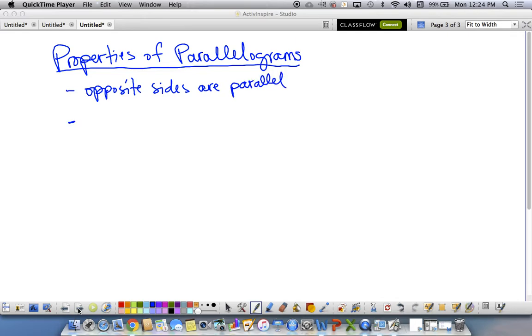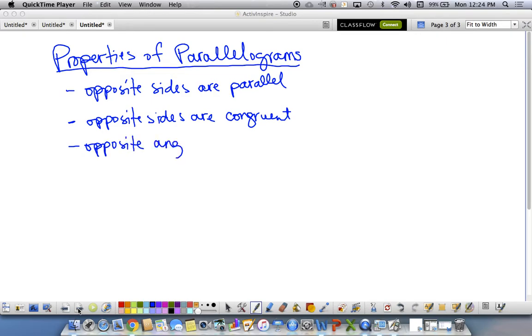Okay, another property. Opposite sides are congruent. What about opposite angles? Yeah, opposite angles are congruent. These are all things that you should already know.